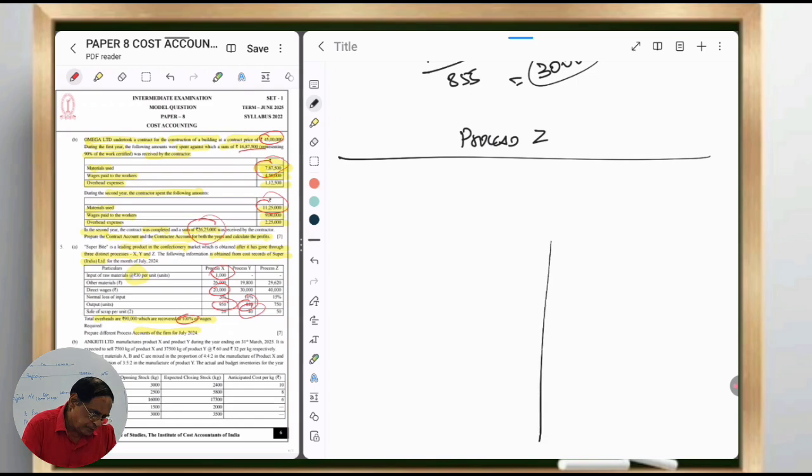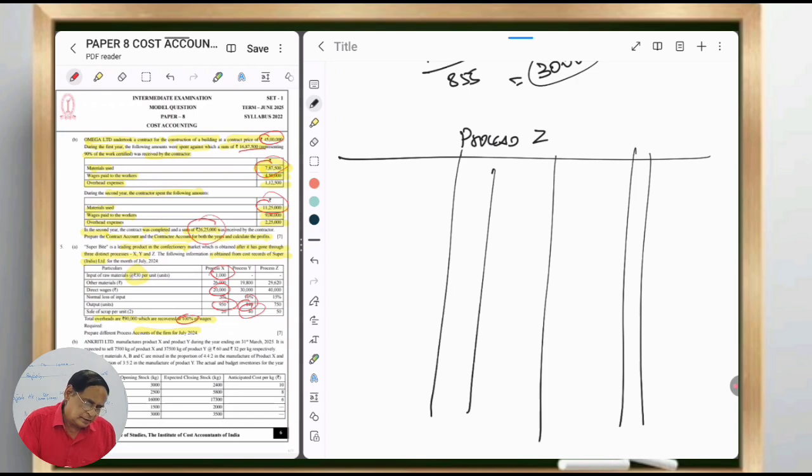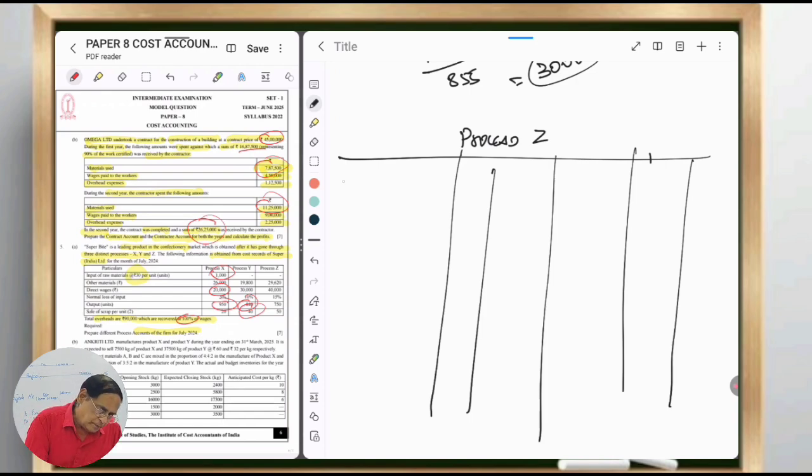Process Z. So from process Y, 840 units transferred.